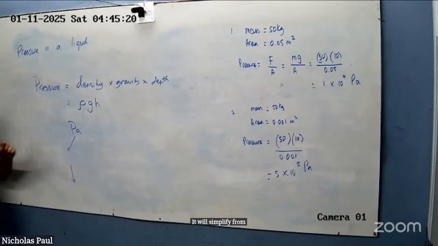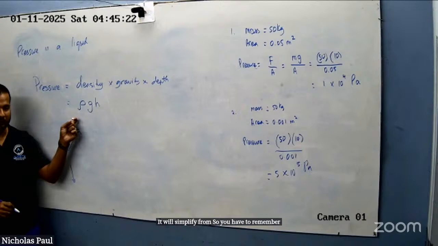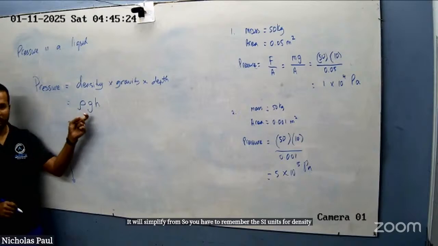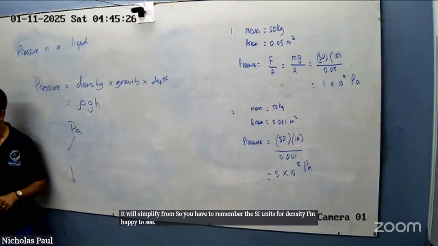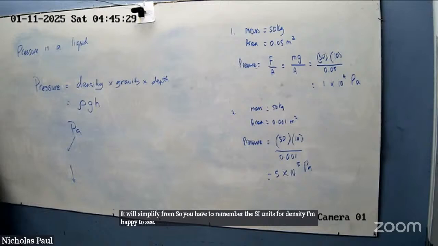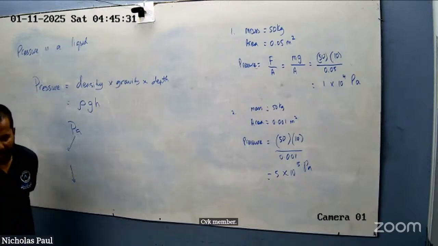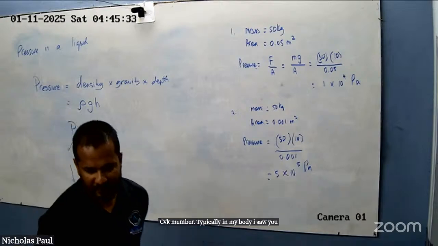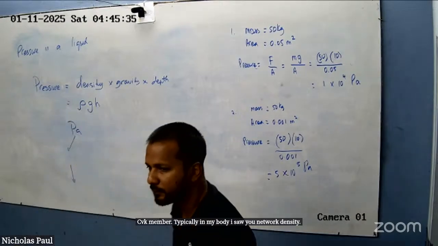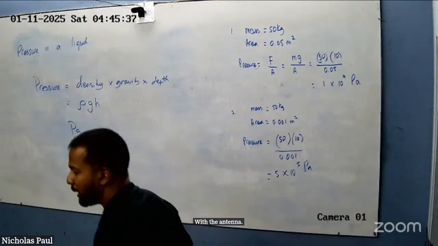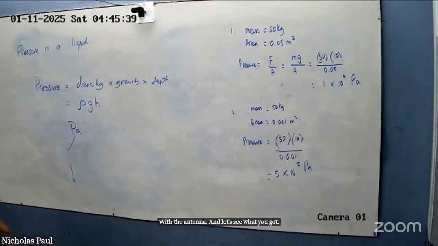So you have to remember the SI unit for density, gravity, and depth. Write the formula and see if you can get an SI unit.